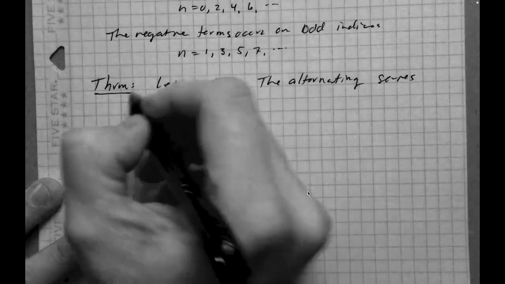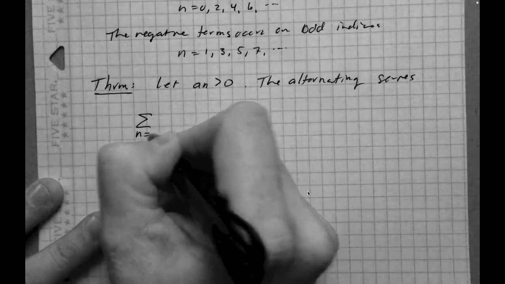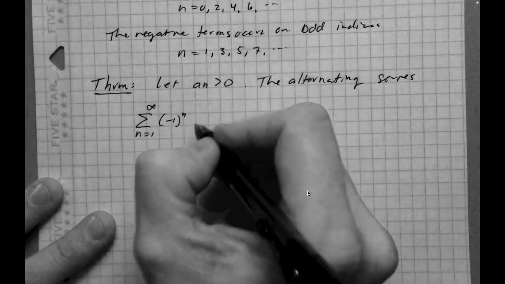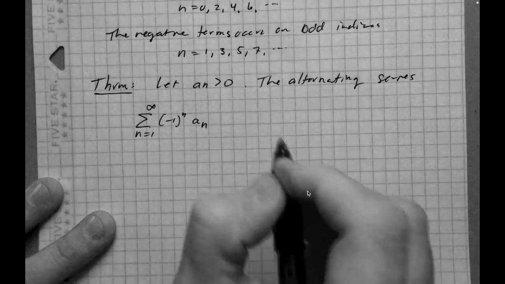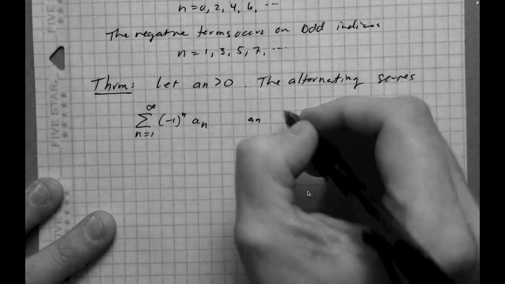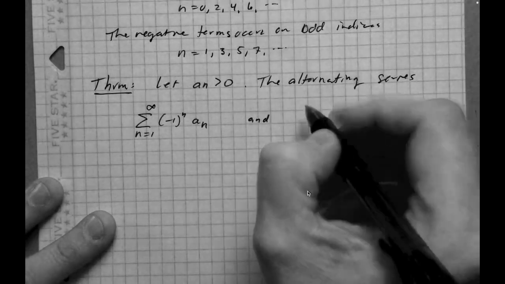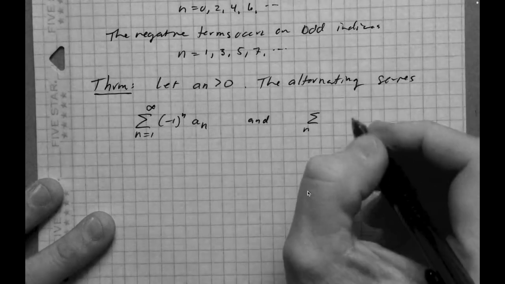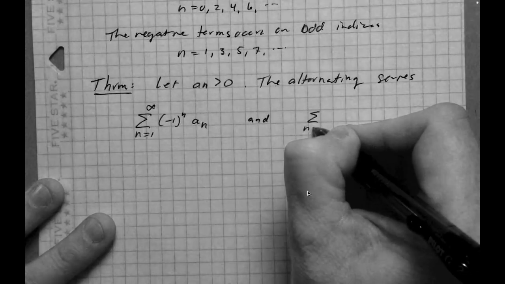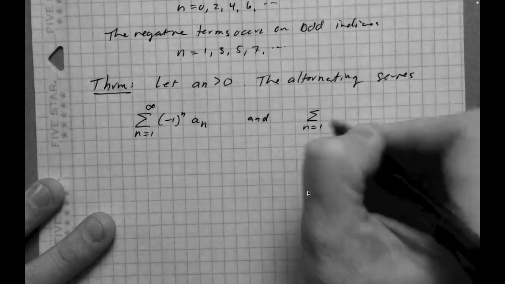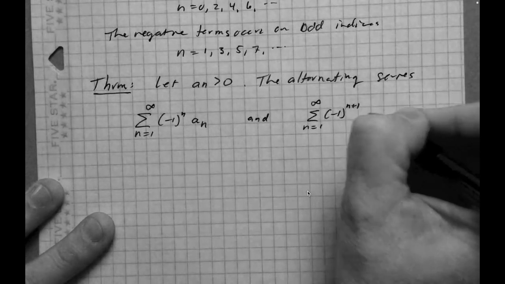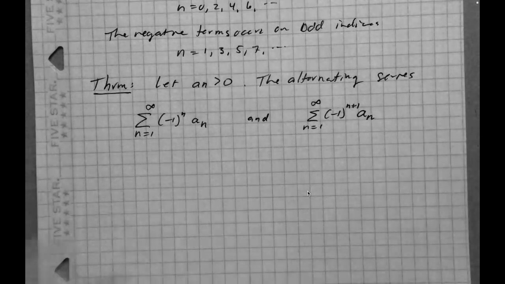Now there's two options here: the sum from n equals 1 to infinity of negative 1 to the nth power times a_n. And the other one, where the negative terms occur on the odd terms, would be the sum from n equals 1 to infinity of negative 1 to the n plus 1 times a_n.